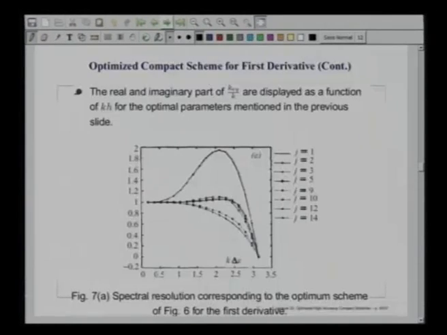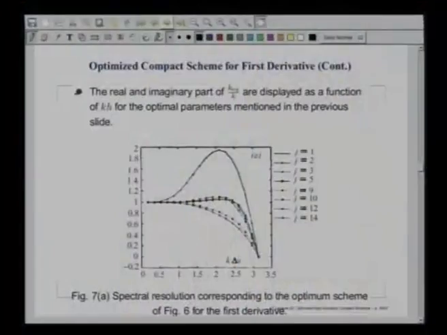And once you do that, you get some values of alpha and alpha 1. Now, you have a scheme which is optimized, and if you use those values of alpha and alpha 1 and work out the full domain analysis, k equivalent by k is plotted here.